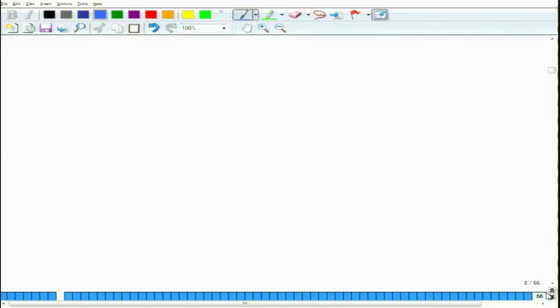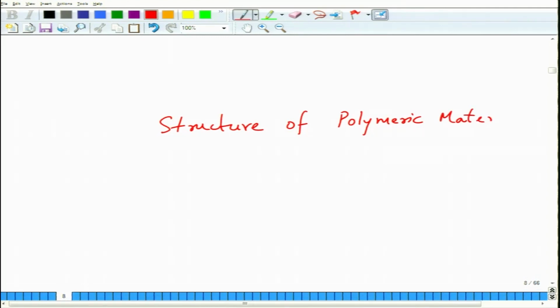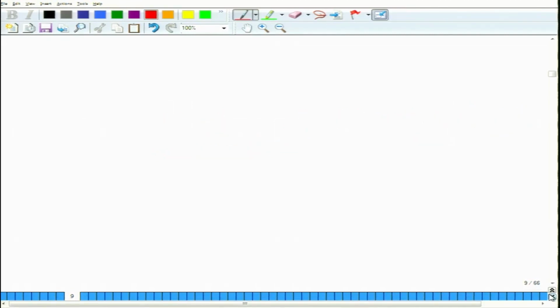We move to the next class of materials, which is the structure of polymeric materials. So, we will start with a new topic, structure of polymeric materials. Now, polymers of course are very important, as we know, they are used in a variety of applications.